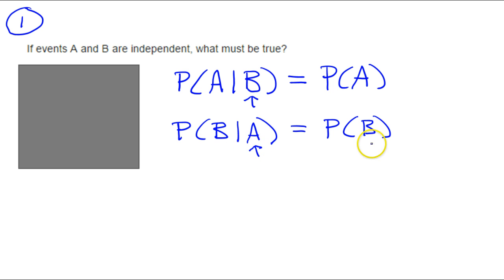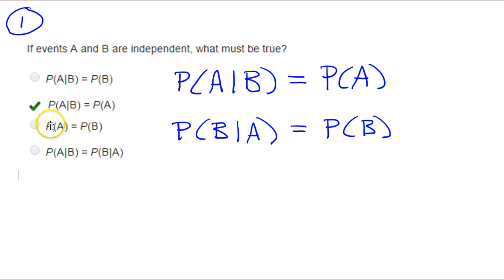Either way, it's equal to the probability of event B without the extra information. Okay, so either of these things should be true if A and B are independent. So let's hunt for one of these two. Okay, so you see here the probability of event A given event B is equal to the probability of event A. That's the first one that we said right there.